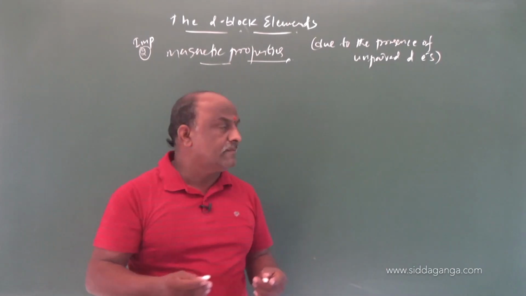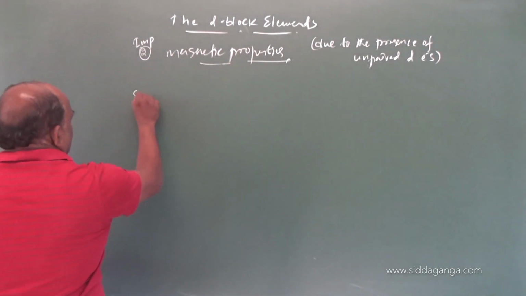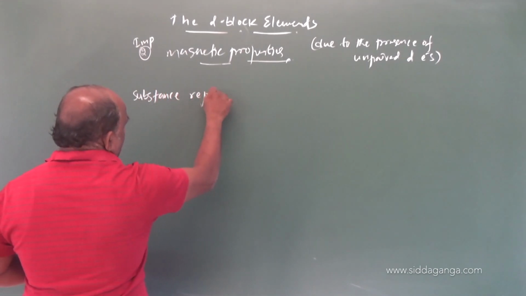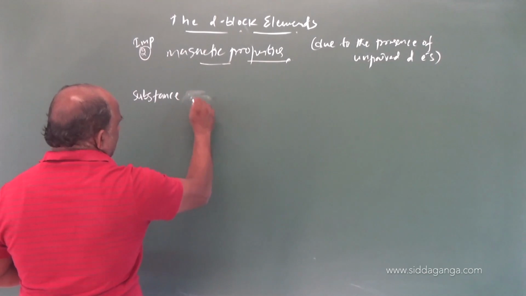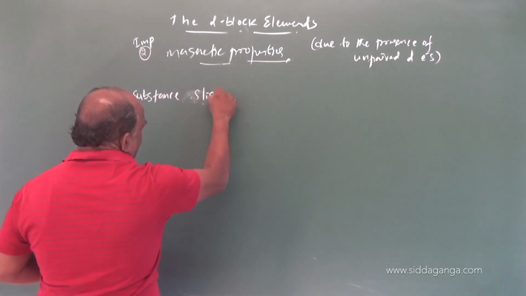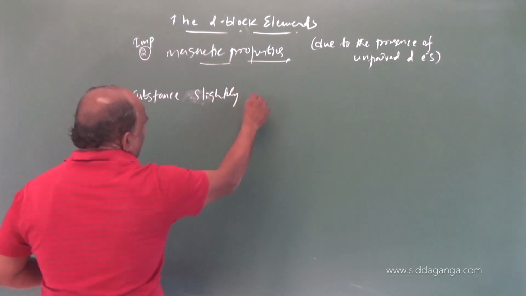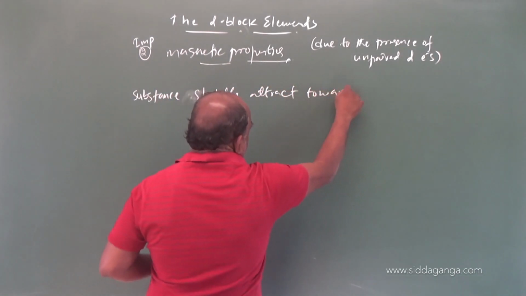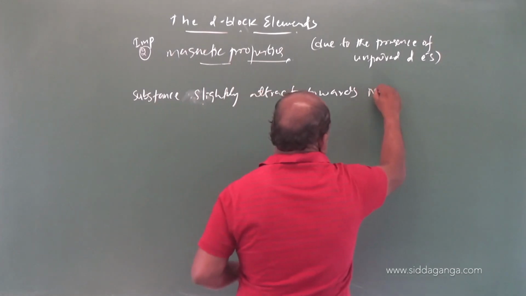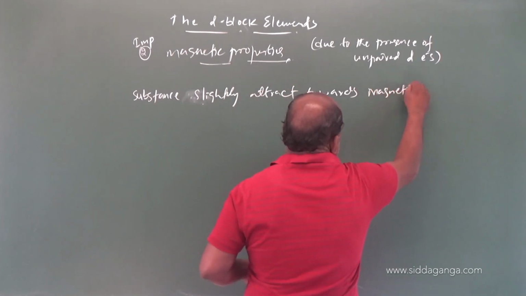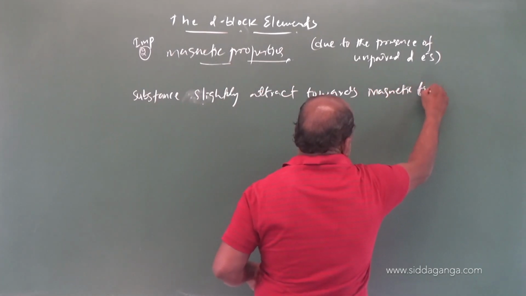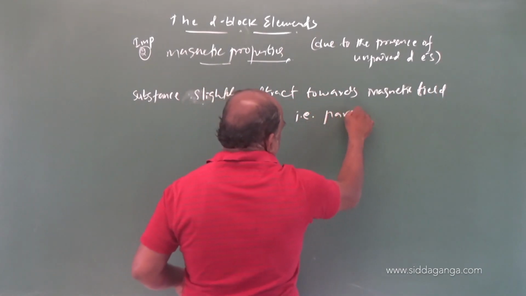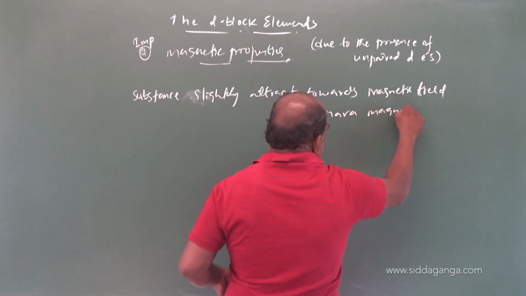Number one, the substance is slightly attracted towards the magnetic field; that is a paramagnetic substance.